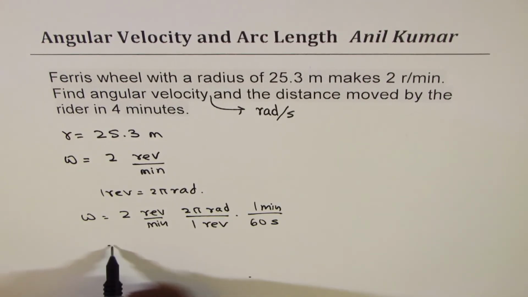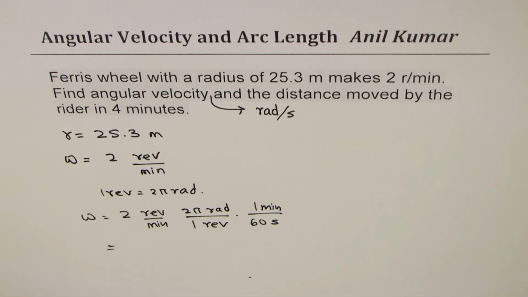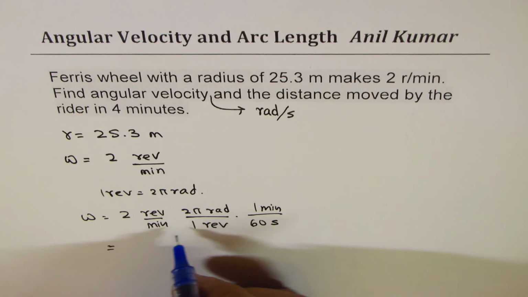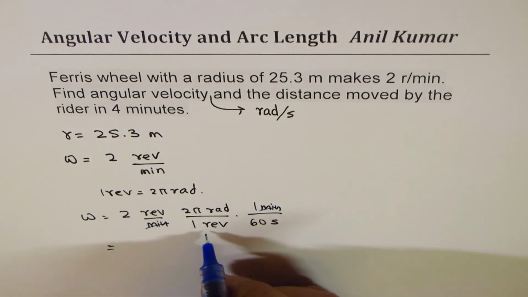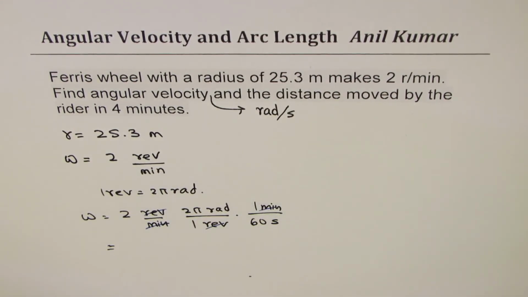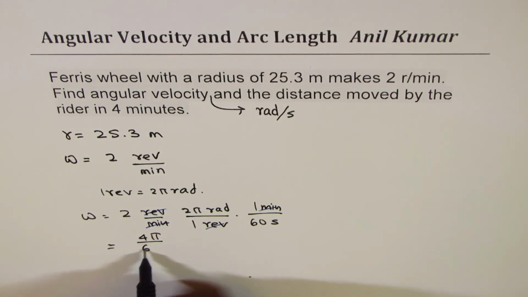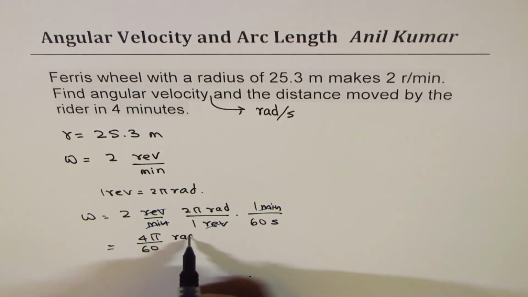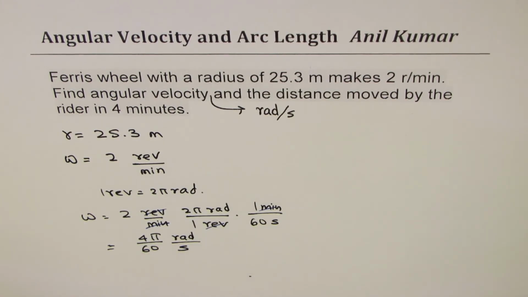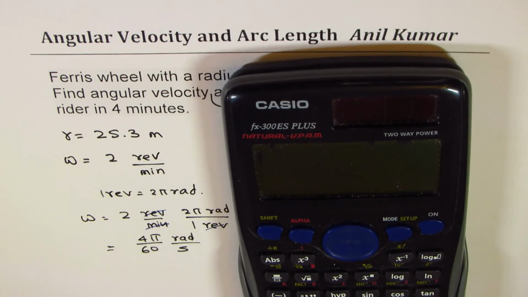So that gives us the answer in radians per second, right? So minute cancels, revolution cancels. So we get here 4 pi over 60 radians per second. Let's write it in decimals.